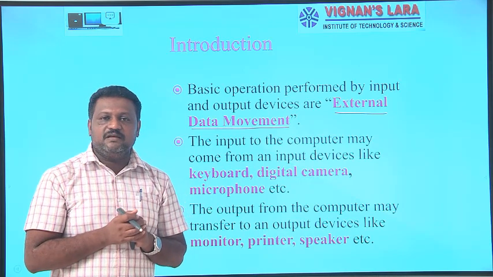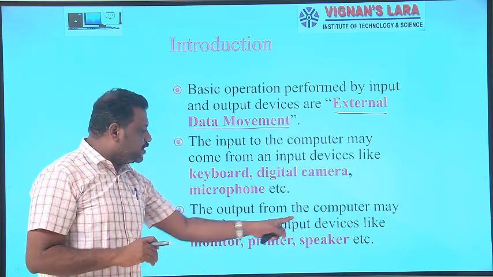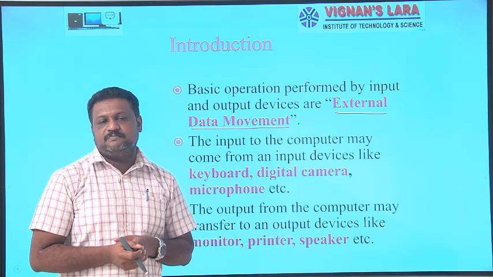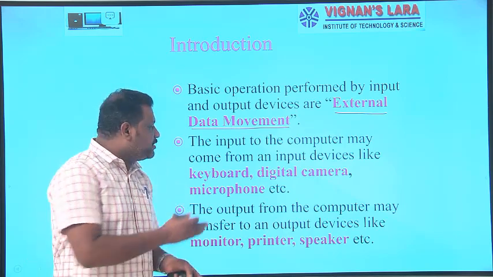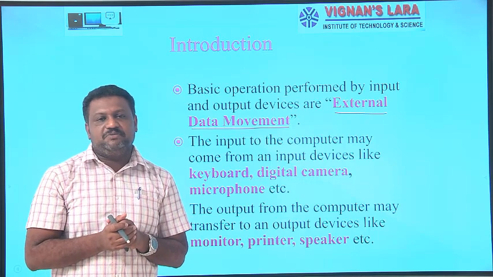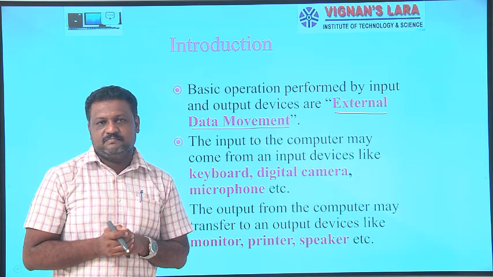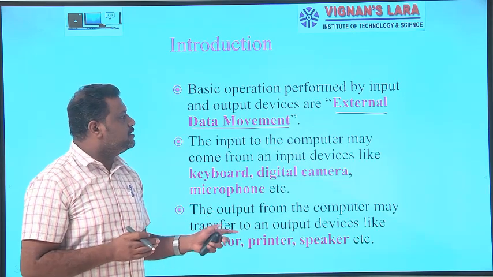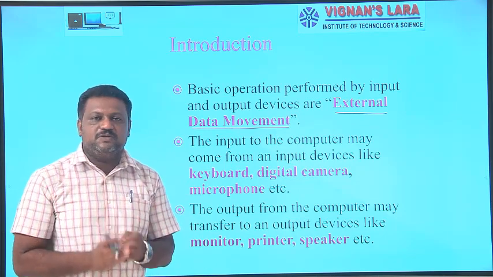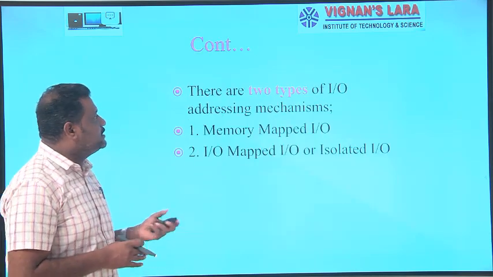In a similar way, if I want to take something from a computer system, I take the help of output devices like monitor, printer, speaker, etc. So from these two points, we understand the user can communicate with the computer system with the help of both input and output devices. The final conclusion is that these input and output devices are used to perform a specific task in my computer, that is external data movement.